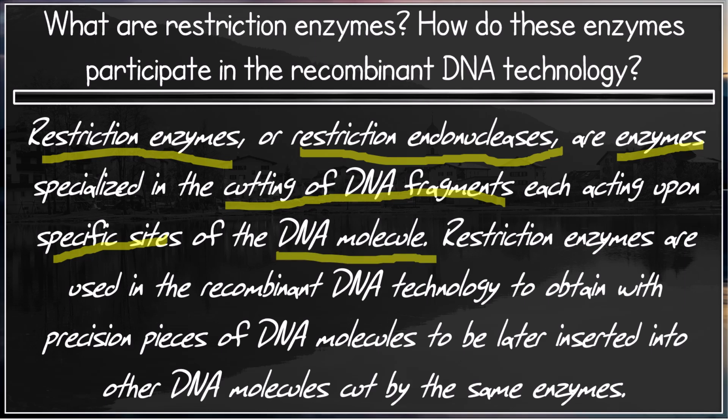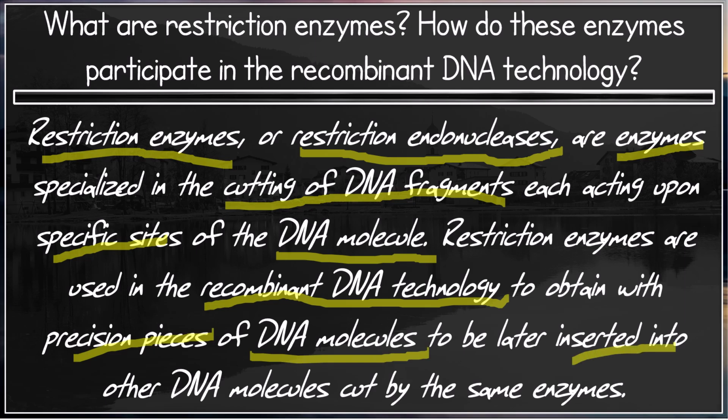Restriction enzymes are used in recombinant DNA technology to obtain precise pieces of DNA molecules to be later inserted into another DNA molecule cut by the same enzymes.